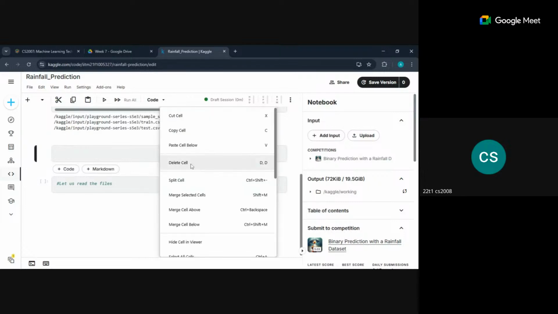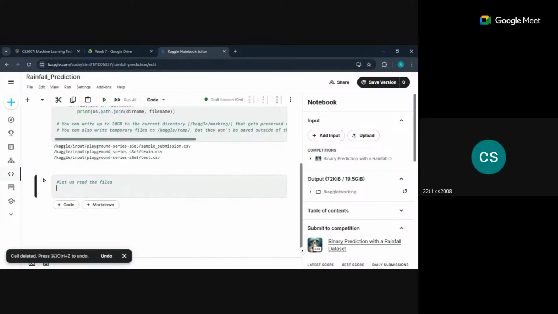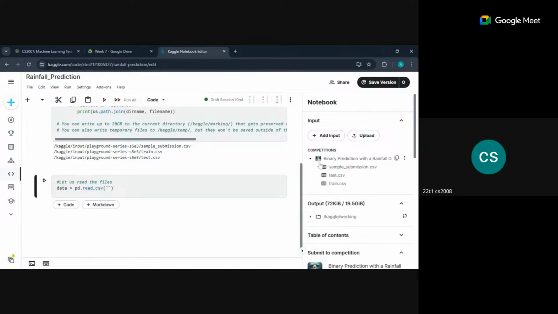Okay, and what is the code snippet for it? pd.read_csv. Yes. Path of the file. Yes, I can pass the path here. So we have train.